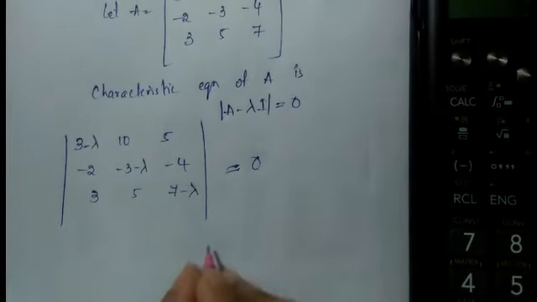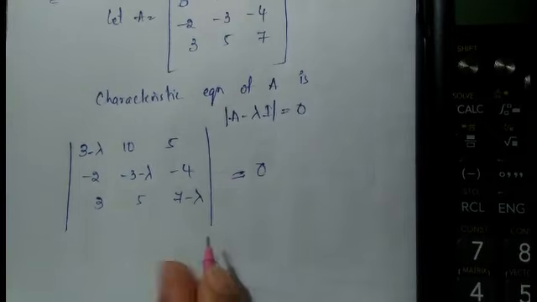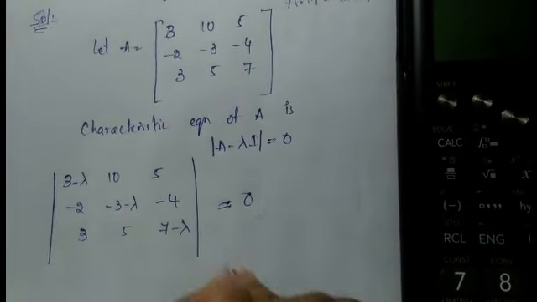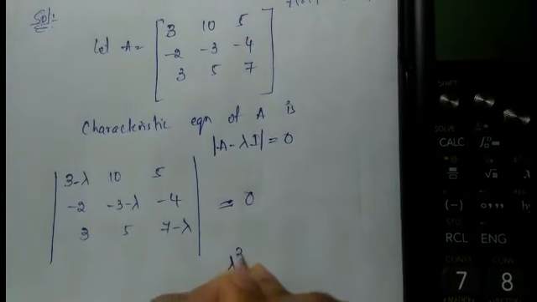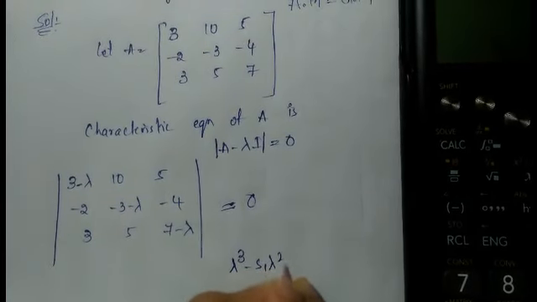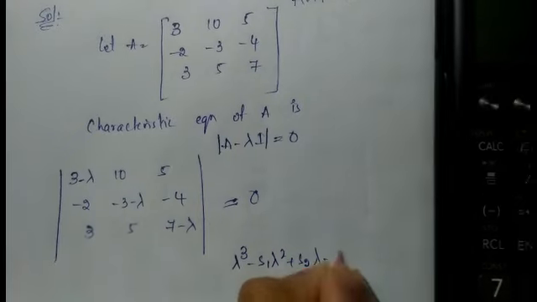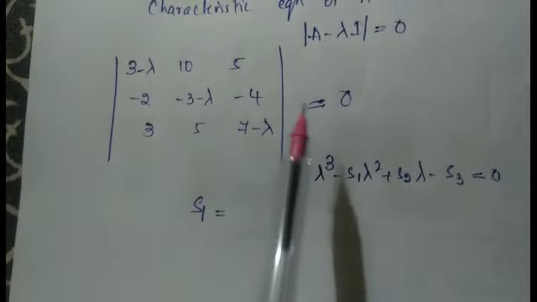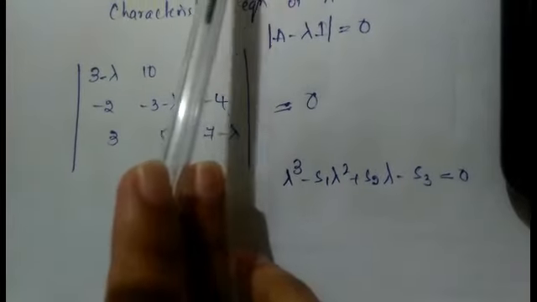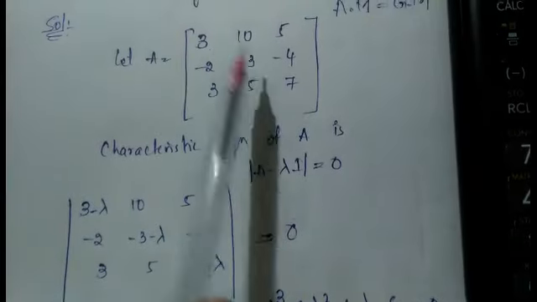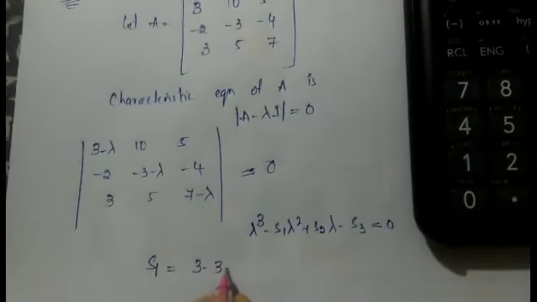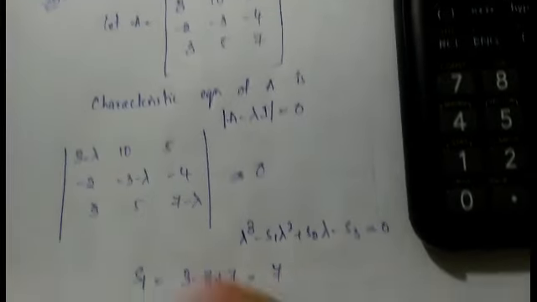When we solve this, we get a cubic equation, since the order is 3, in the form lambda cube minus S1 lambda square plus S2 lambda minus S3 equals 0. Here S1 is the trace of A, which is the sum of the diagonal elements: 3 plus minus 3 plus 7, that is 3 minus 3 plus 7, which equals 7.